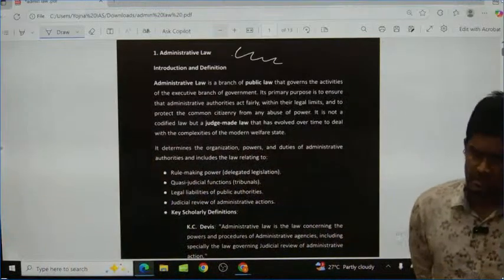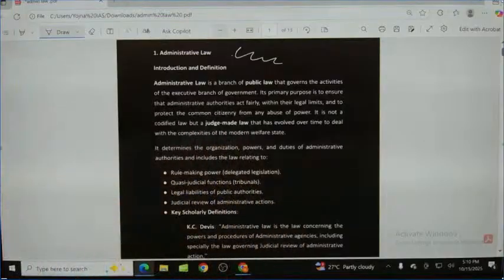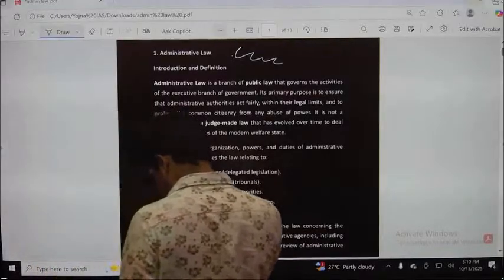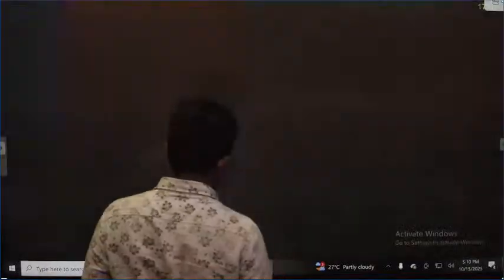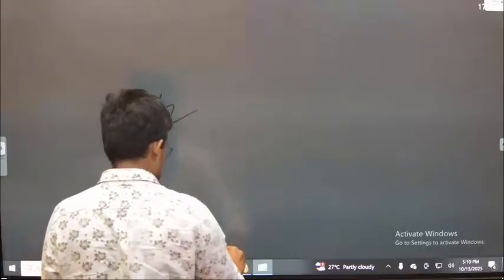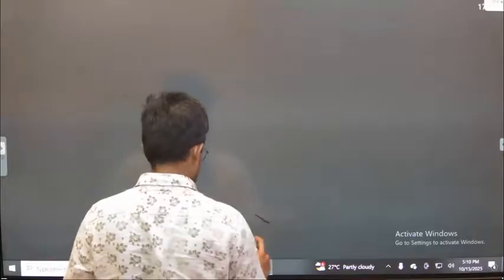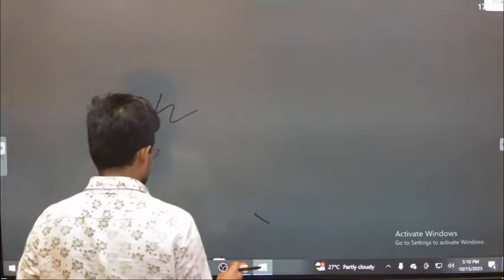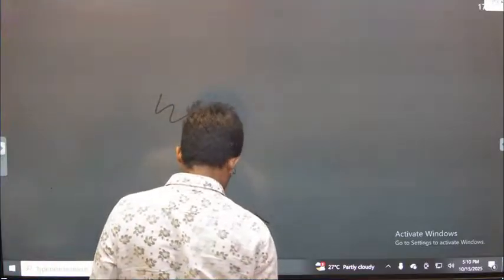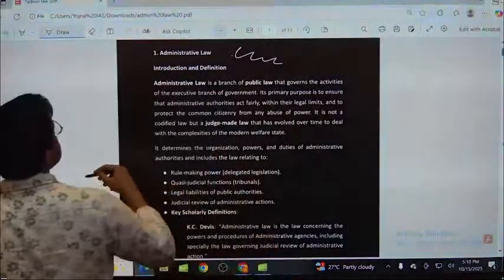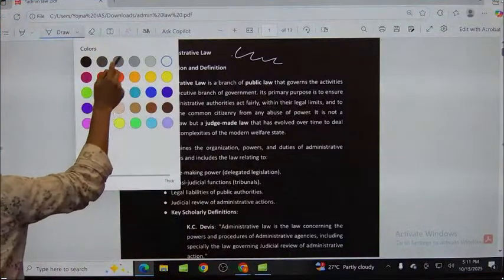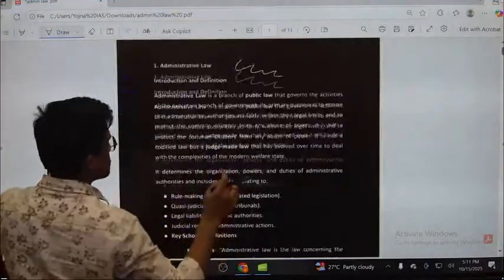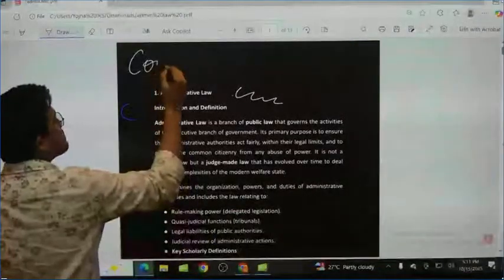There are two kinds of systems of law. First is the common law system.